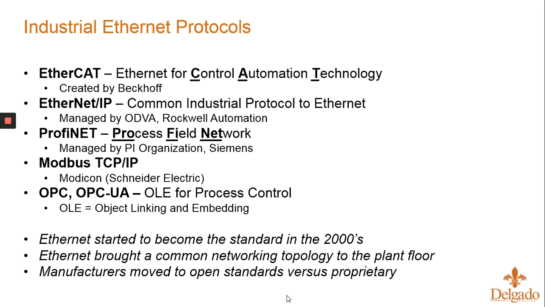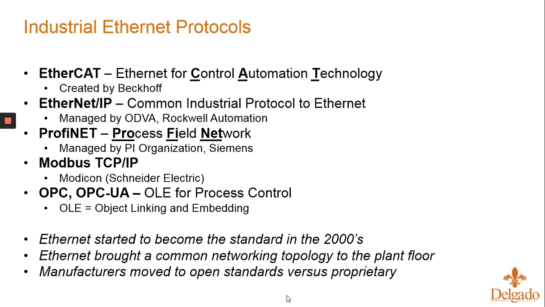Unlike the serial days, where the Allen-Bradley serial protocol or the Siemens serial protocol would have been proprietary, in these cases these are all open protocols. So any manufacturer can develop for EtherNet/IP, or for Profinet or Modbus TCP or OPC, and therefore a non-Rockwell product could be talking EtherNet/IP and can talk to Rockwell.